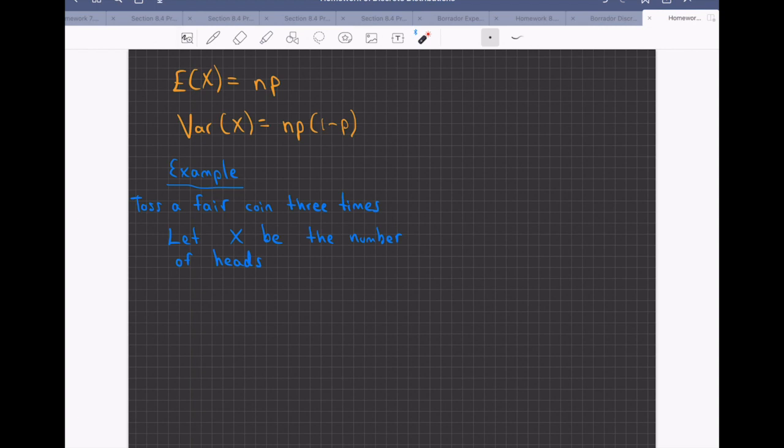But here the experiment is being repeated, in this case 3 times. And do we know the probability of success in only one trial? Yes, if the coin is fair, the probability is 1/2, or 50%, or 0.50.